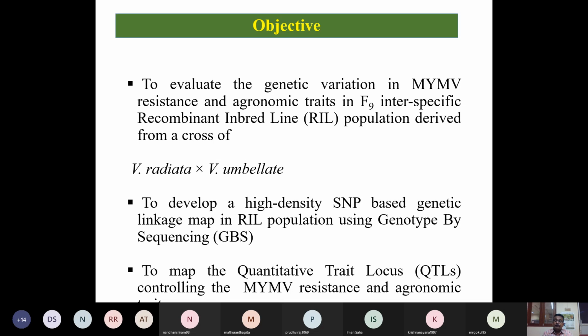So normally when QTL mapping is done, they expect it to be tested in at least two locations or two different seasons, in order to find whether the consistent QTLs are located in the same region.